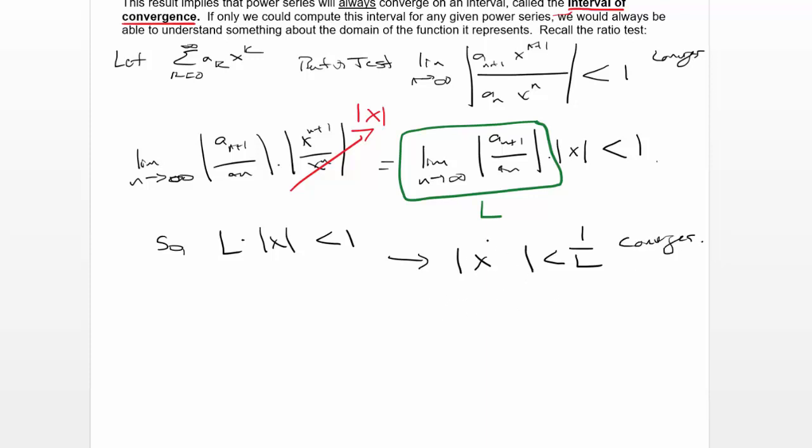I did this just for power series centered at 0, but there's no reason why you couldn't use this exact line of reasoning if you centered this at some other value, say c. Then all we have is x minus c's in here.